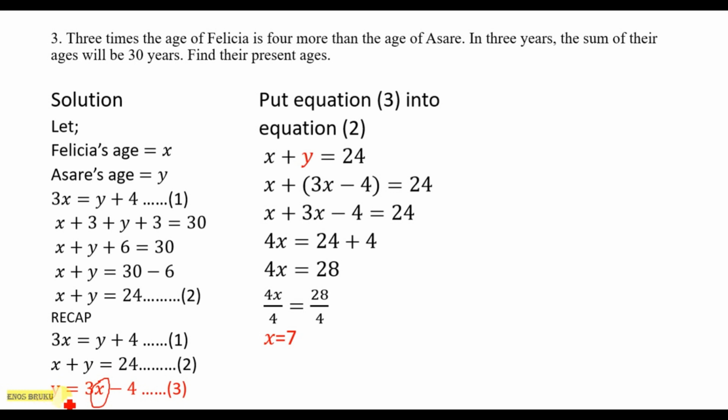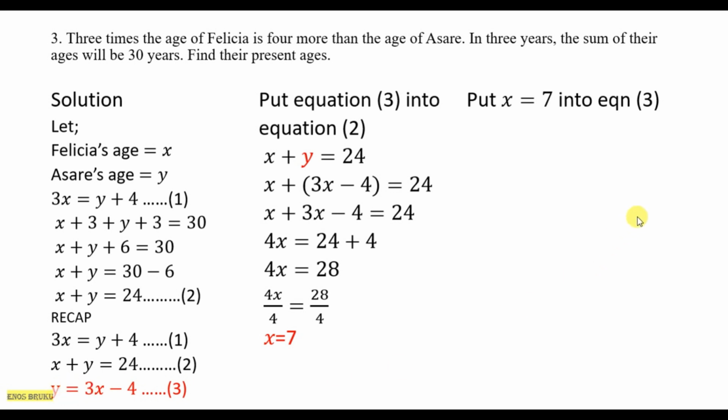So taking equation 3, we put the x equals 7 that we found into equation 3 so that we can find our y.